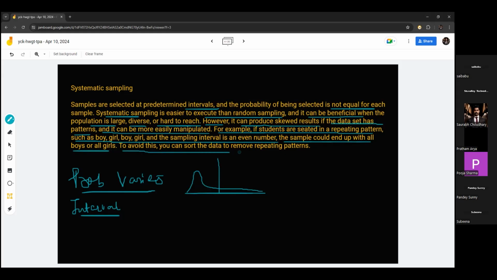You can sort the data to remove the repeating pattern.